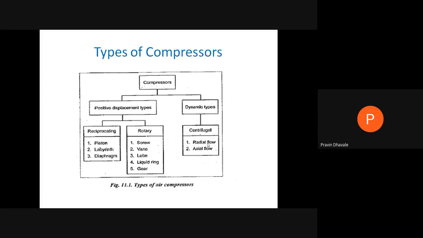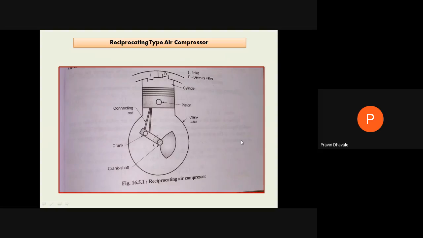And in axial flow, the air enters the compressor in an inward direction and flows axially along the axis of the rotor. So it comes under the category of axial flow compressor.